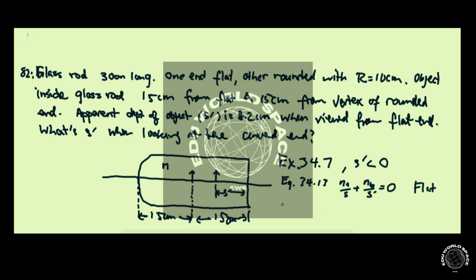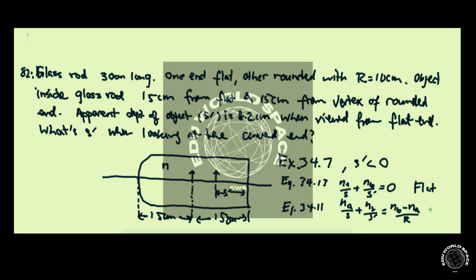And then for the curved end, we're going to use equation 34.11, which is very similar. So it's NA over S plus NB over S primed is equal to NB minus NA over R, which is the radius of curvature.